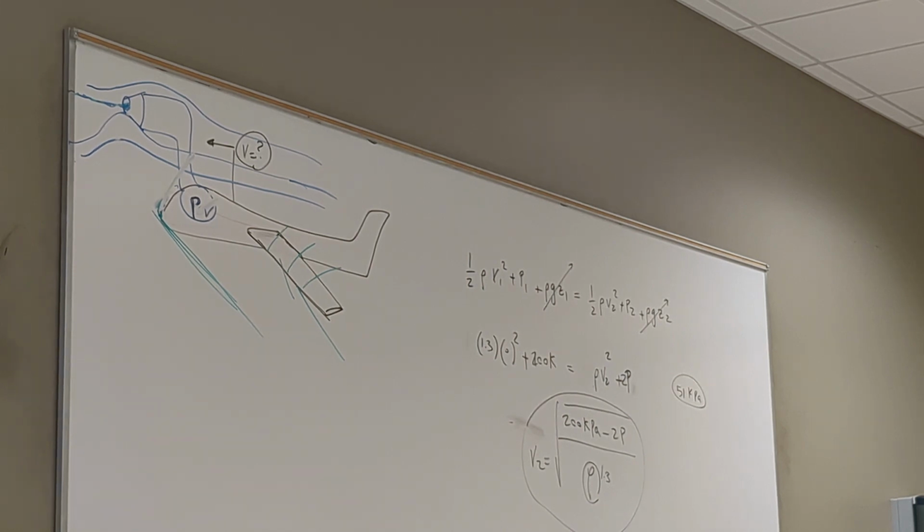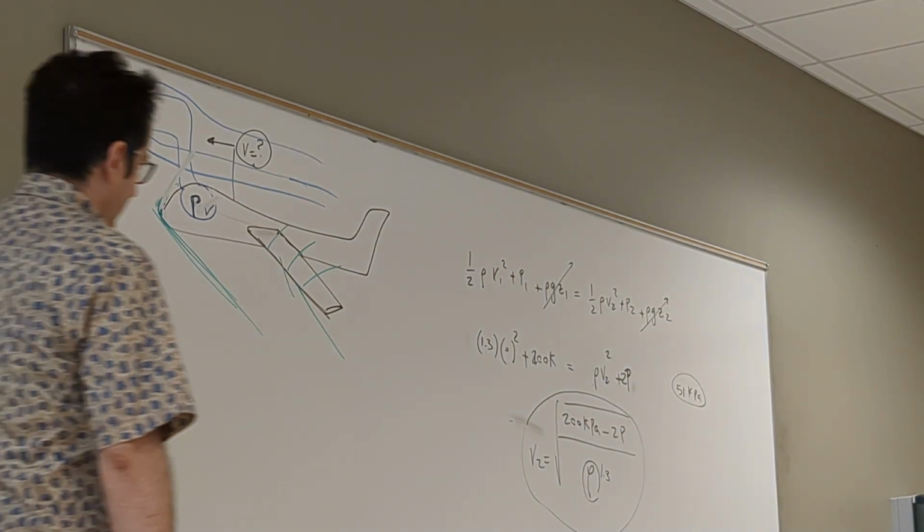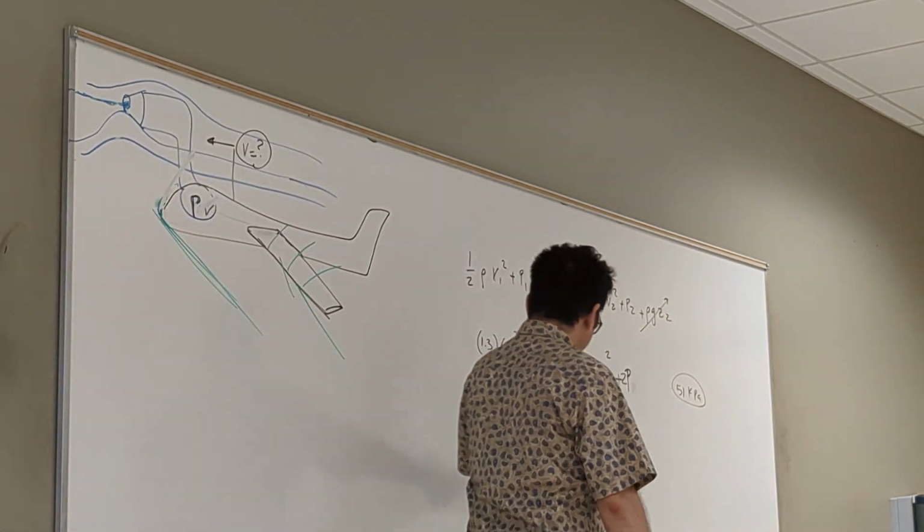We assume this is an imaginary concept that goes all the way to infinity, where at some point at sea level the pressure is there. With respect to that, there must be a streamline coming to the aircraft along which this relation holds, so you can find the velocity there.